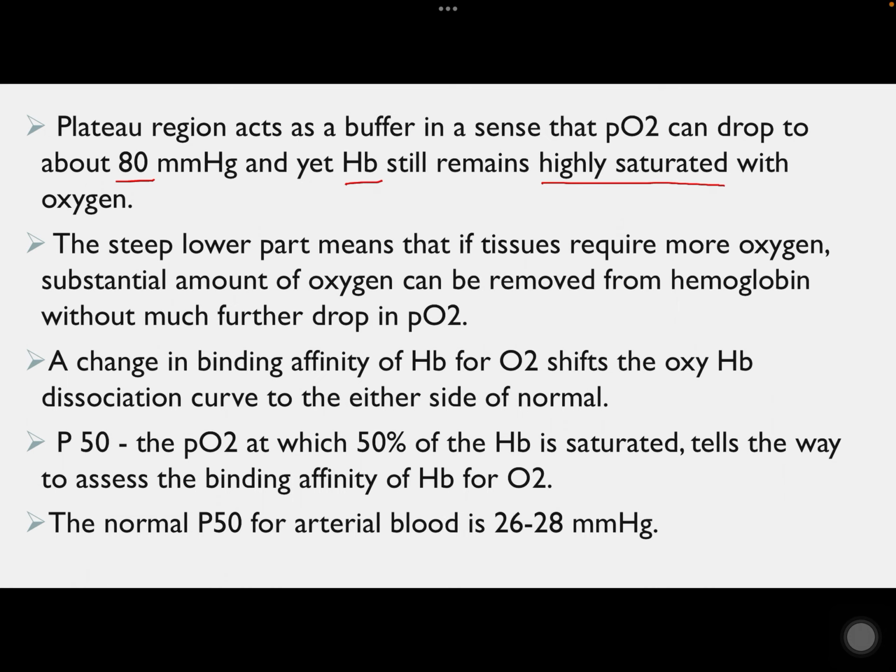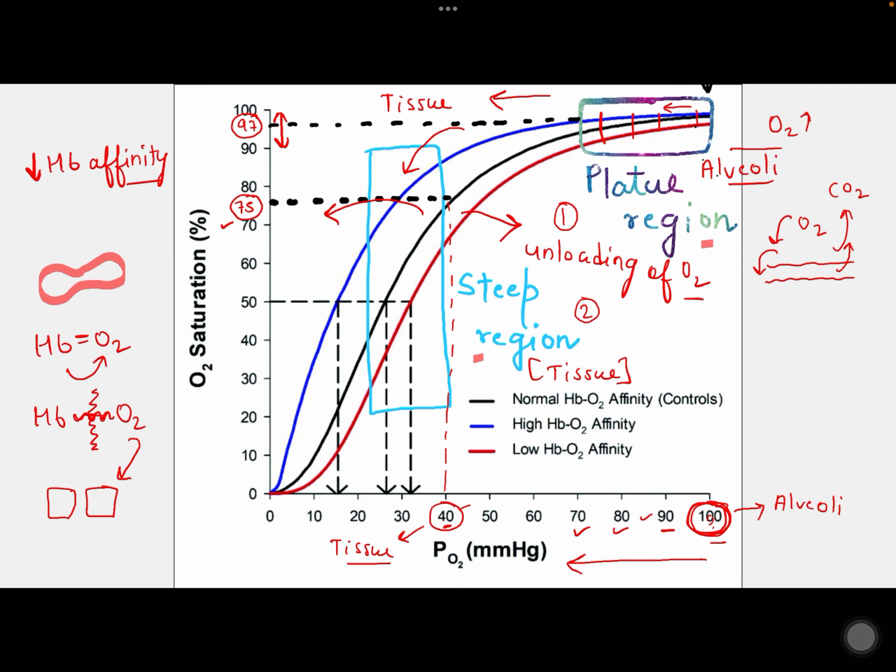If we talk about the steep lower part, right, it is telling that if the tissue requires more oxygen, a substantial amount of oxygen can be removed from hemoglobin without much further drop in PO2, right? Which we can see over here is that even from 40, if you move towards 30, you can see this steepness, right?